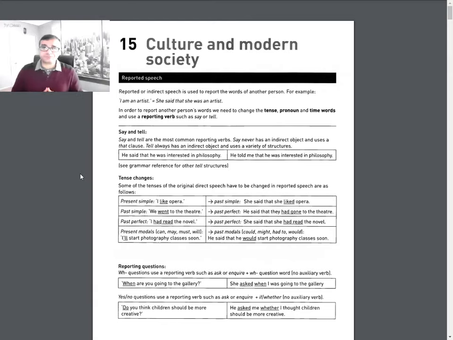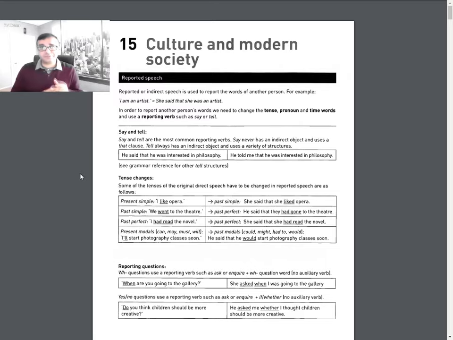All the time, reported speech, or reported verbs, or reported events, or reported sessions. You get four things in the reported speech techniques. Reported speech, which is she said that, he told that, and we change the grammatical forms.